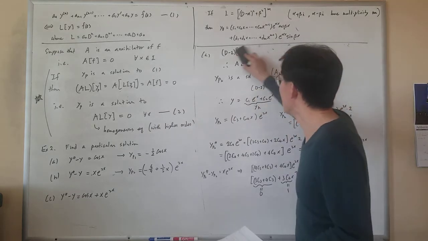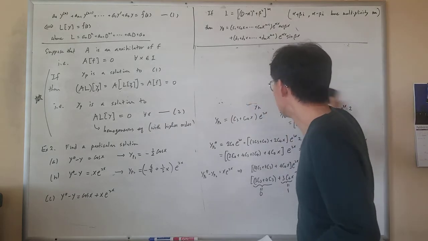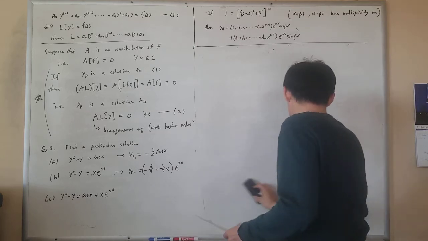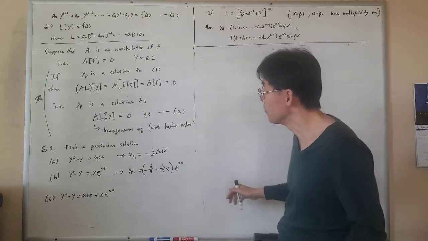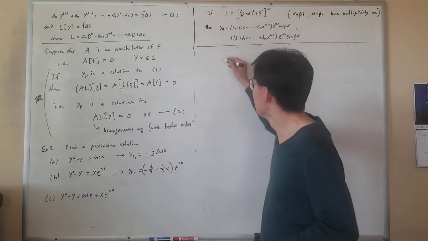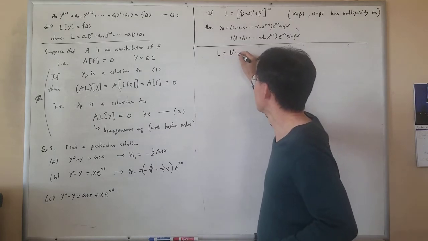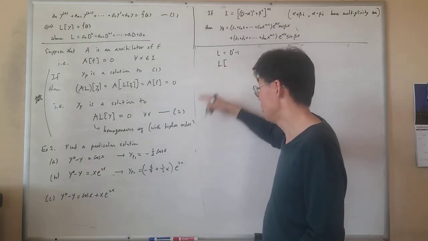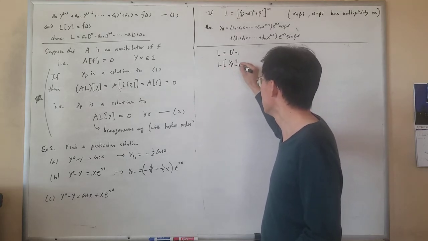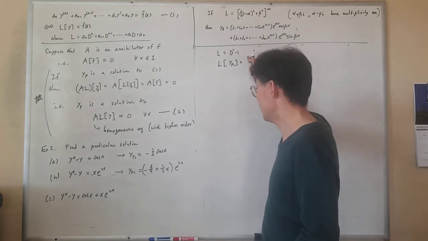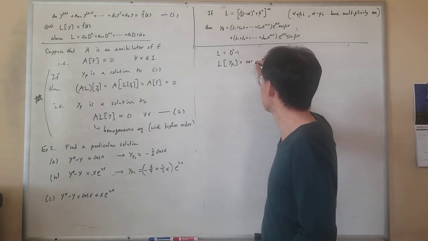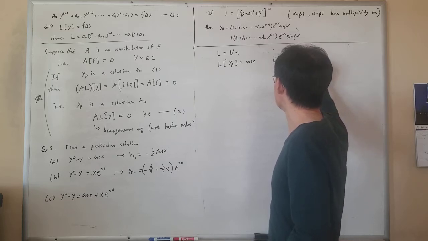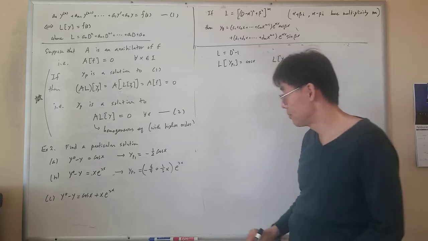So what we found is this. In this problem, what did you find? If L equals D squared minus 1, we found that L of yp1 equals cosine of x, and L of yp2 equals x times e to the 2x.